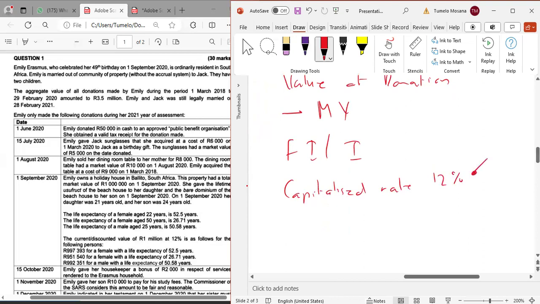It will be provided to you in the test in most cases. The amounts that you are going to use will be given to you, as you'll see when we do this example. You are going to use the lesser of the period of enjoyment or the expected life of the donor. So you are going to use the lesser of these two.